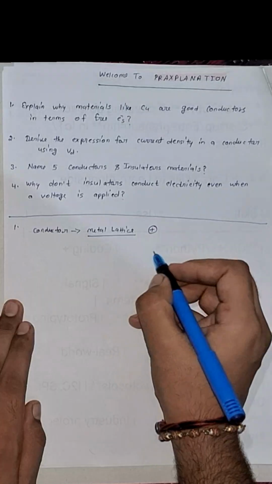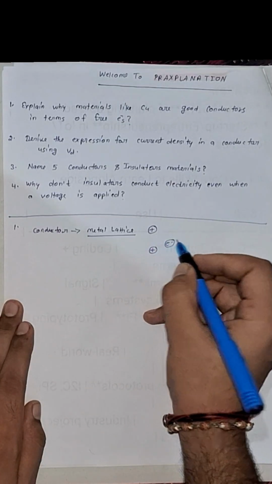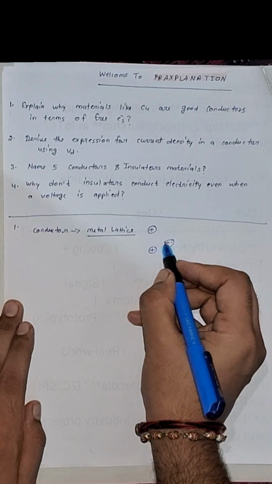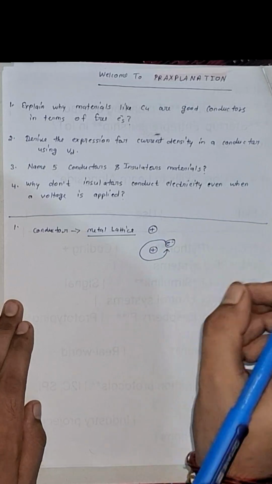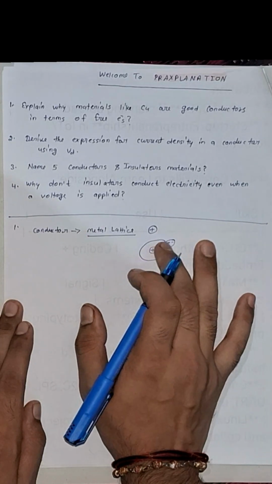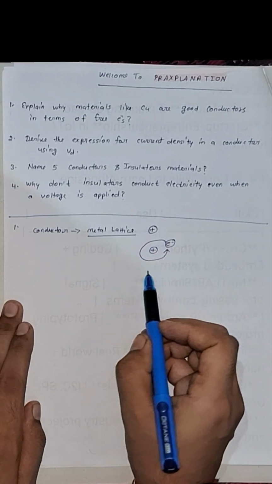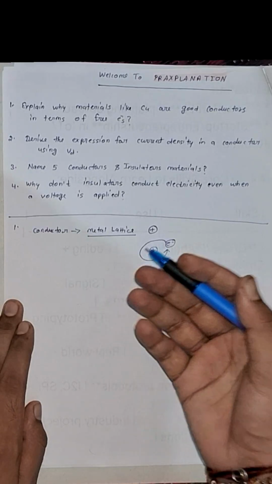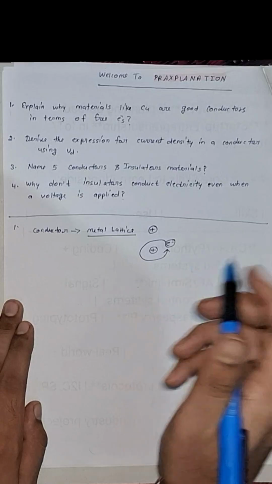Let's understand it like this: this is our positively charged ion, and the negatively charged electrons move around the positively charged ions. This sea of electrons allows metals to conduct electricity efficiently. The free electrons act as charge carriers, enabling the flow of electric current through the metal. Okay, this is what we are saying.